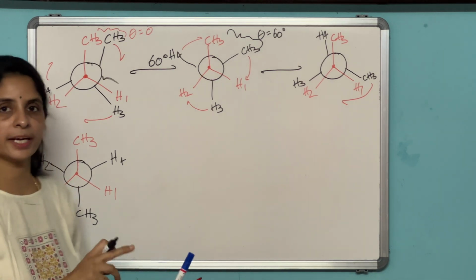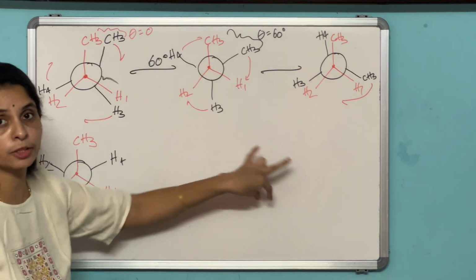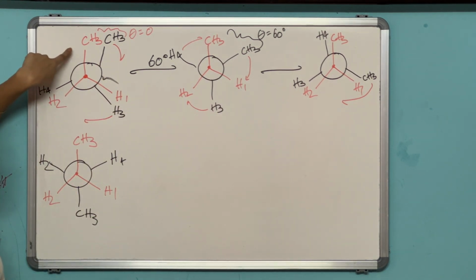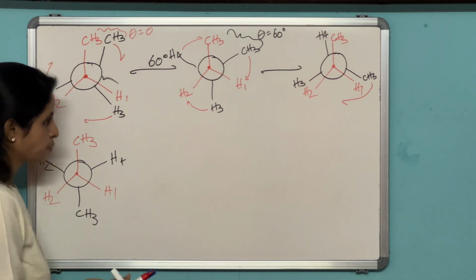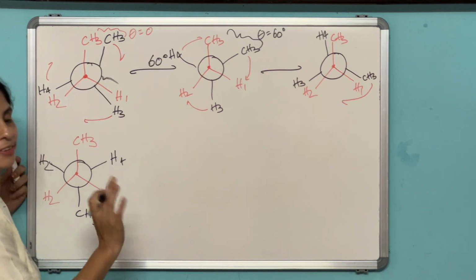If you rotate further, you can get another two conformers. So you can rotate the back carbon until you get this one. To explain the conformations of butane, till now it is sufficient for me.